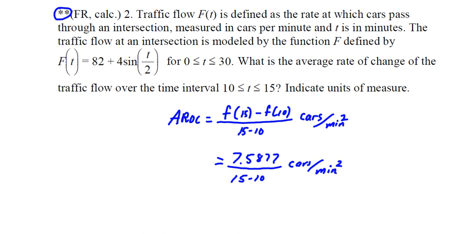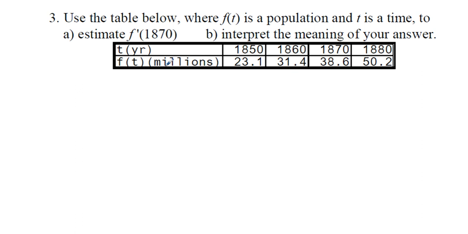And the last one we're going to look at is this one. Use the table below, where f of t is a population and t is time, to estimate f prime of 1870, this little tick here meaning derivative, and interpret the meaning of your answer.